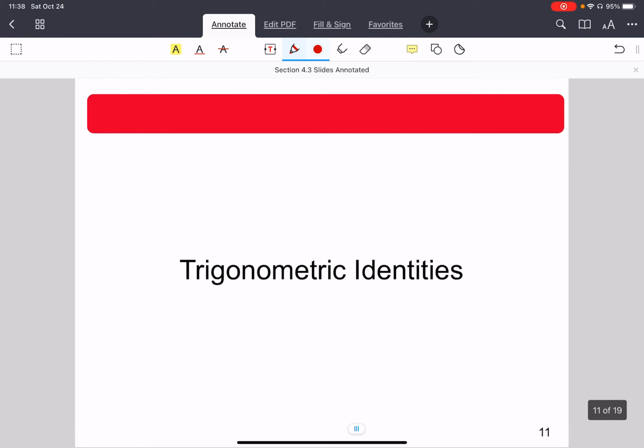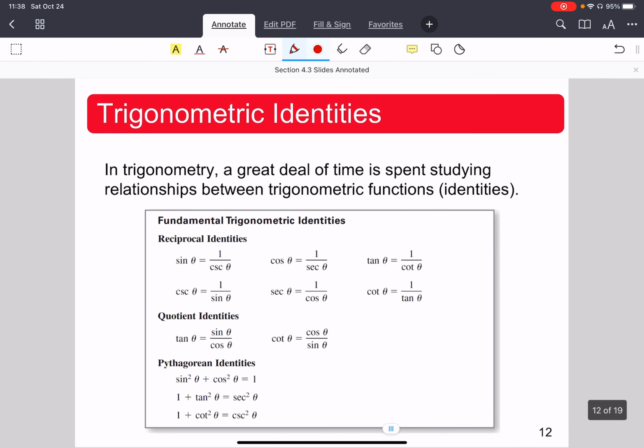Next thing we're going to do is take a look at some trigonometric identities. In trigonometry, we spend a great deal of time studying relationships between trig functions and identities, and we pretty much like playing with them.